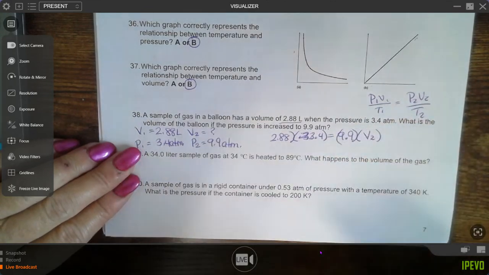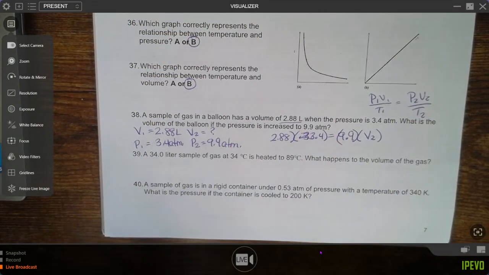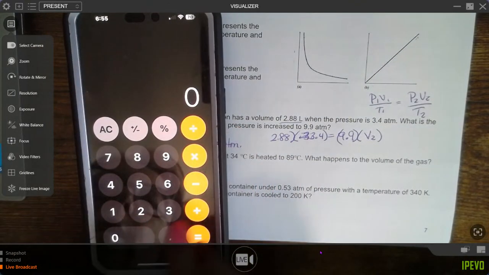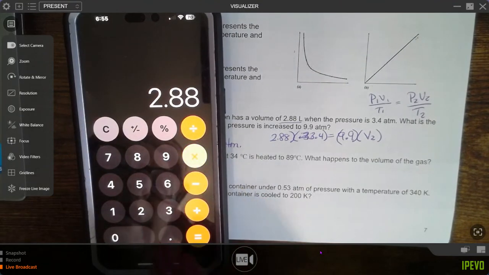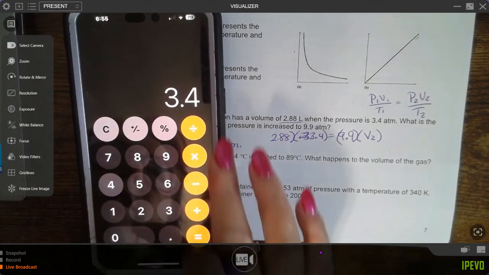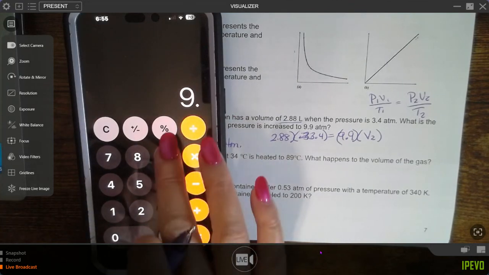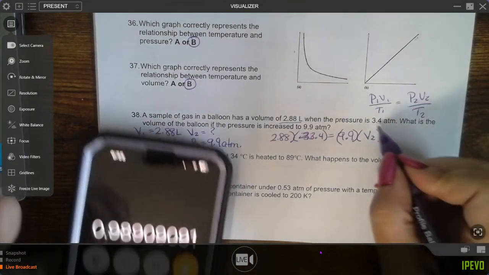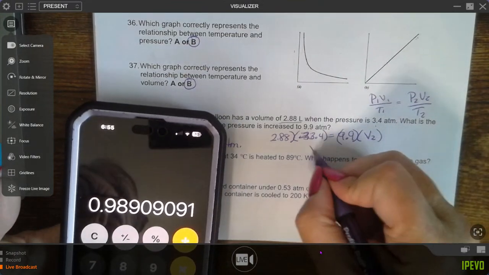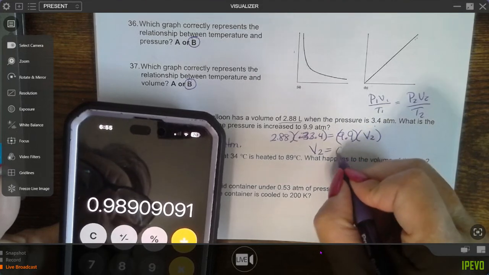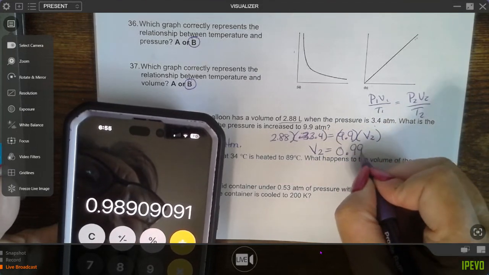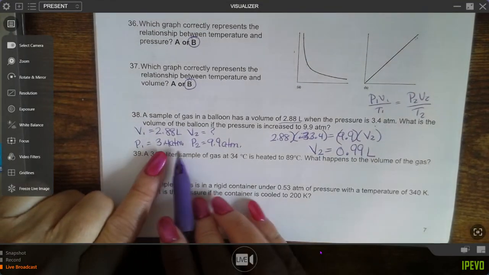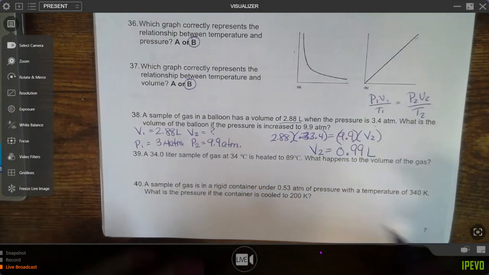So 2.88 times 3.4 divided by 9.9 is equal to 0.989. I can only have 2 sig figs, so this volume would be 0.99 liters. Does that make sense? Absolutely, because pressure increased, volume decreased.